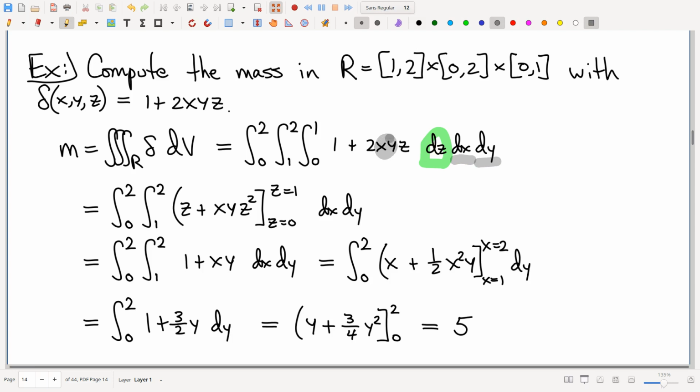And constants just come along for the ride, right? Nothing happens to the constants. So really, in taking this first antiderivative, I've just got constant times 2z. And the z antiderivative of 2z is z squared. All right, so always heads up, you always got to pay attention and be actively thinking about, wait a minute, which variable is playing what role in this situation.